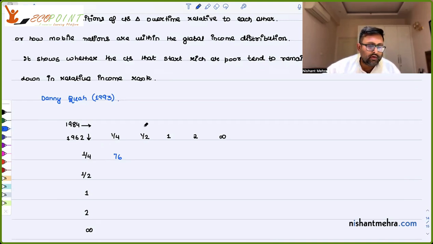Then a number like 12 means 12% of the countries who were earning 1/4 of the world average in 1962 moved up the ladder and now are earning between 1/4 and half of the world average.